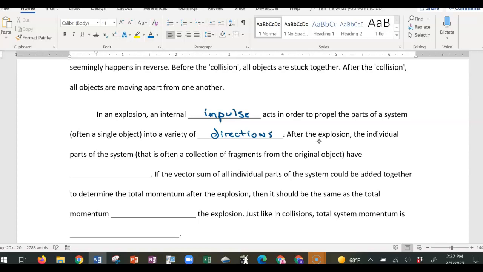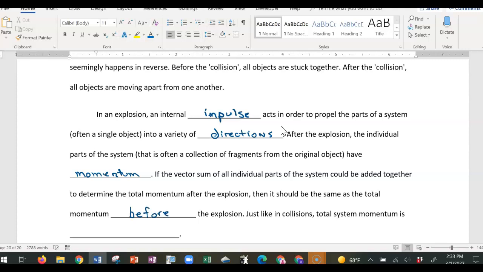After the explosion, the individual parts of the system, and that is often a collection of fragments from the original object, have momentum because they are moving. If the vector sum of all individual parts of the system could be added together to determine the total momentum after the collision, then it should be the same as the total momentum before the explosion.